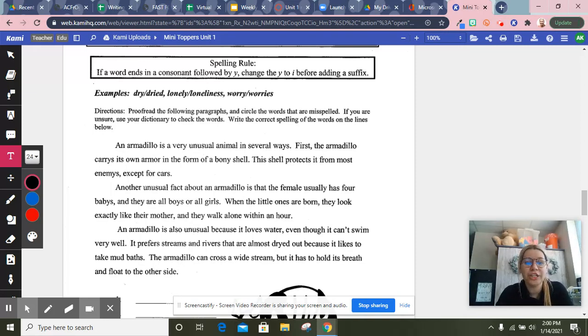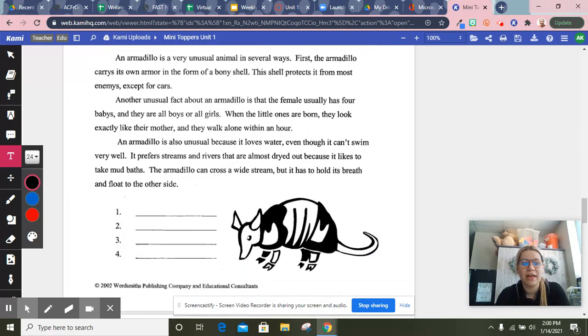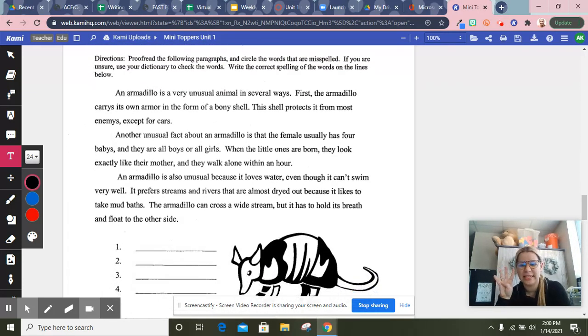If you are unsure, use your dictionary to look up the words and then write the correct spelling on the lines below. There are 4 words that are misspelled. I want you to go through and use your extra good looking eyes and highlight or circle words that are misspelled. And if you don't know, use dictionary.com. You can always use that. That way you will easily get the question correct.